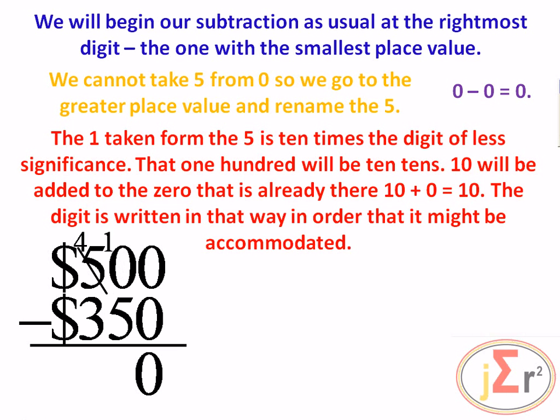Therefore, we write it in a reduced form. So the 1 is reduced and placed right there so that it may be suitably accommodated. So 10 minus 5 is equal to 5, and 4 minus 3 is equal to 1.